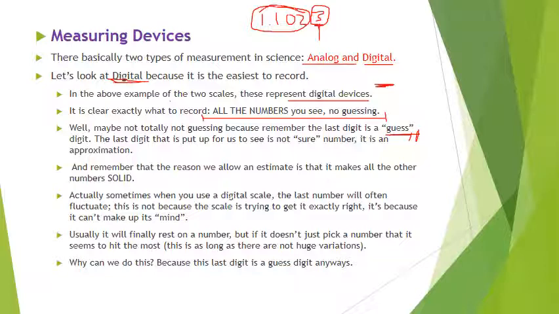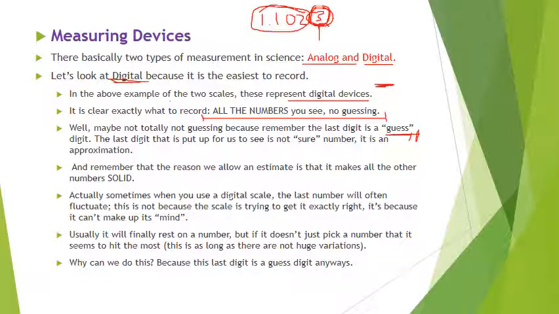Now, when you put things on scales, sometimes you'll notice that the last digit will fluctuate. It'll go 2, 3, 4, 3, 5, 7, and then bounce back. You can sit there forever, but you really don't have to.